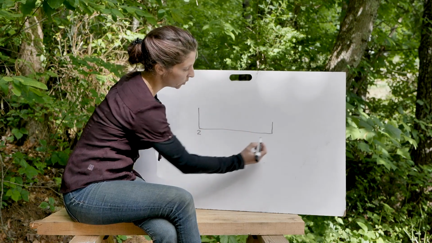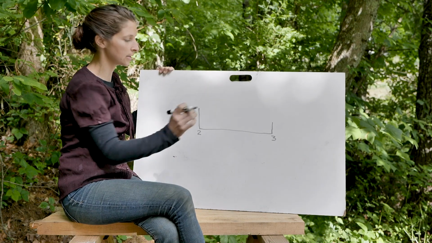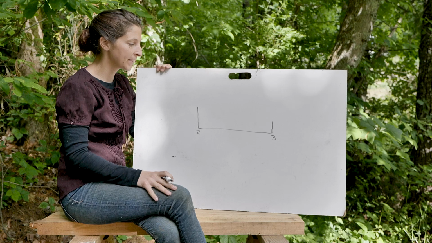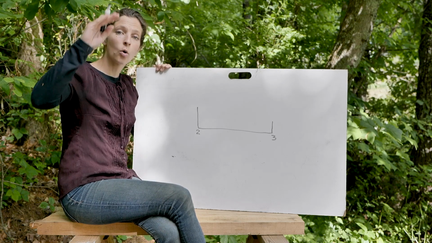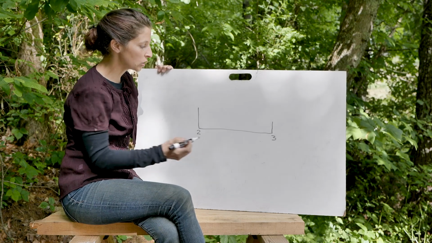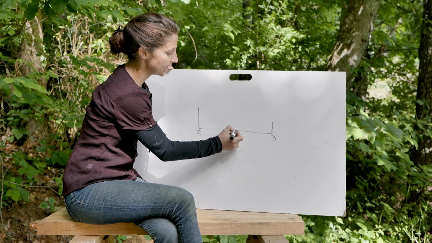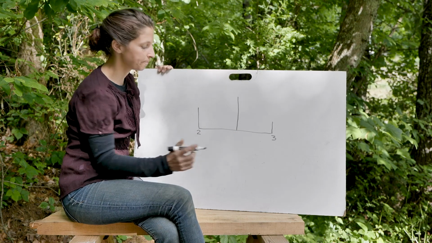If you're following along with your tape measure, you can go to any inch, but we're going to do inch 2 to 3. Now, if you notice, the little lines on the tape measure are all at different heights, and that is on purpose. So our tallest line in the center is going to be our halfway point.